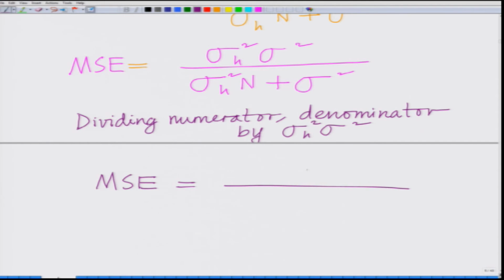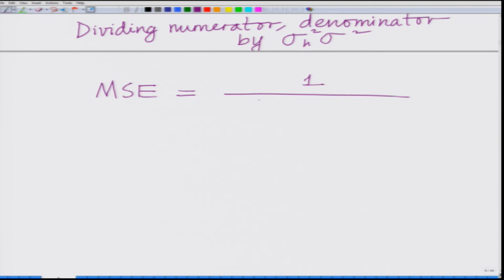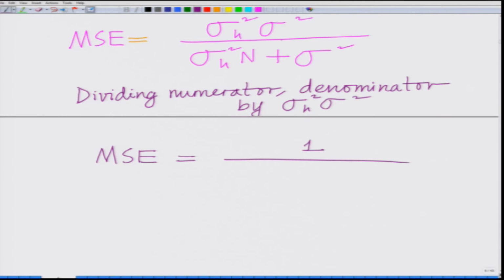Of course, once you divide the numerator by sigma h square sigma square, you have 1 in the numerator divided by dividing sigma h square n by sigma h square sigma square. So, you have n divided by sigma square plus sigma square divided by sigma square sigma h square.